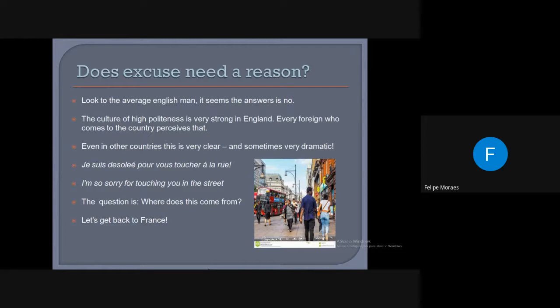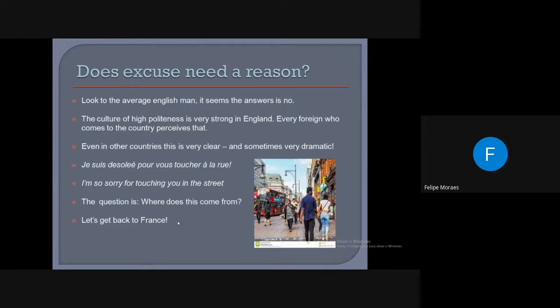They normally say sorry for everything, even if you pass very close to him, like in this image, very close, he would say sorry just because he passed close to you.